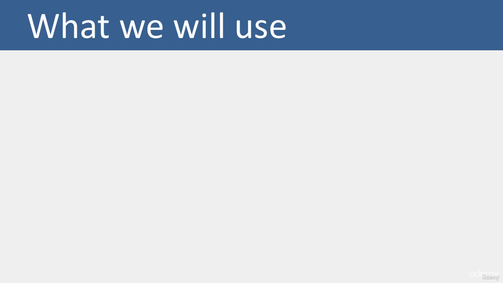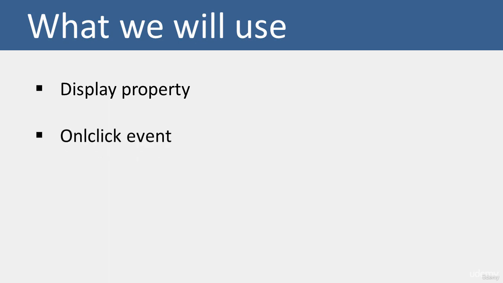So we'll be using the display property. The display property is used to set or return the element display type. So we use the display property to display something. And next we'll be using the onClick event. The onClick event usually is used to execute a JavaScript function when a button is clicked.